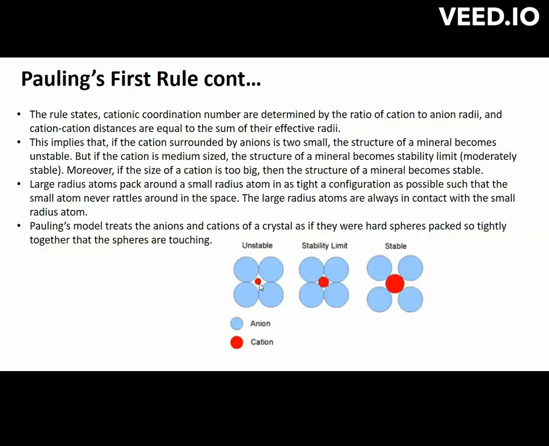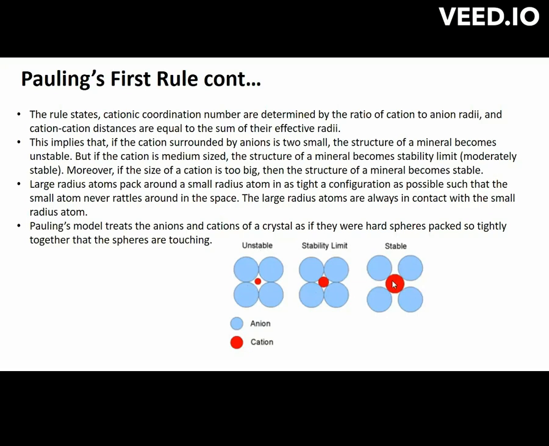Like I said, if we are considering this cation, if it does not fit tightly, it will rattle around or move around, and that makes the mineral structure unstable. But for these two, because the cation is tightly attached to the anions, it becomes more stable. This one will be moderately stable, and this one will be more stable.